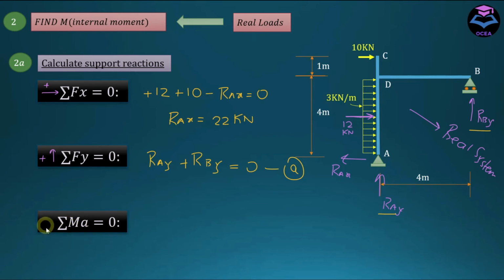Now apply the last condition of equilibrium related to moment. Take clockwise moment as positive and take moment about this point, A point, and sum it equals to 0. So how many forces are there which are creating moment?